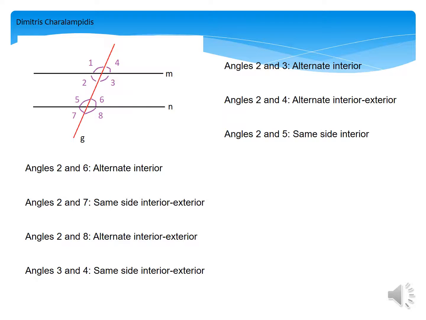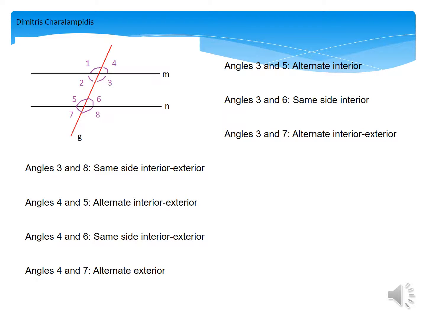Angles 3 and 4. They are same side, they are both at the right of line G, interior-exterior angles. Angles 3 and 5. They are alternate interior angles. Angles 3 and 6 are same side interior angles.